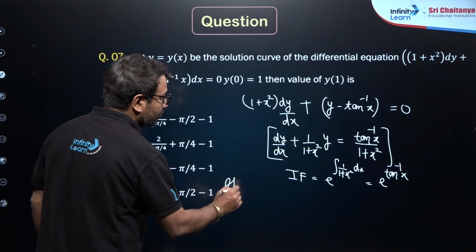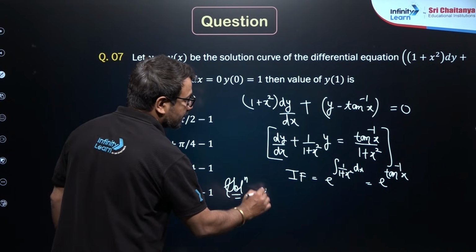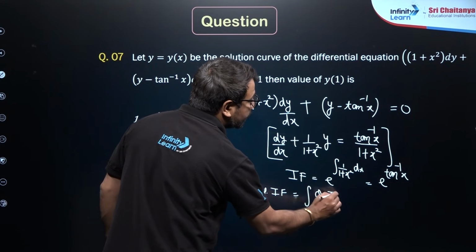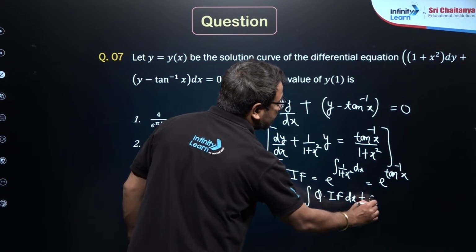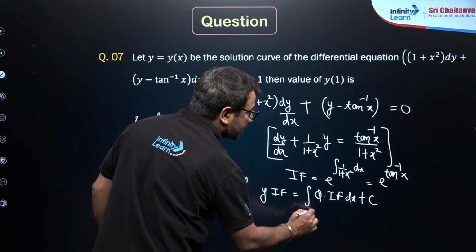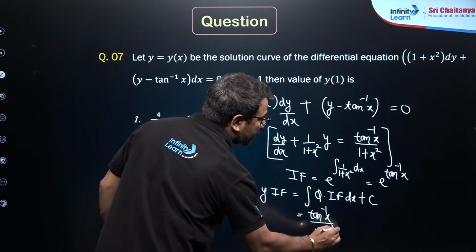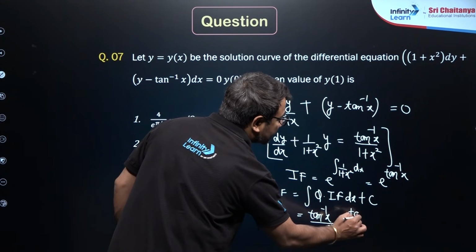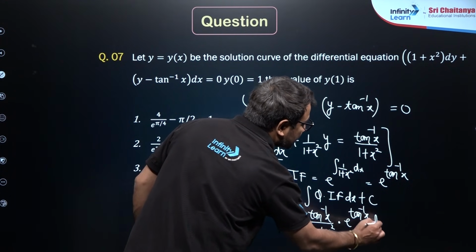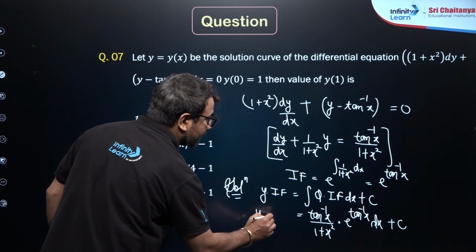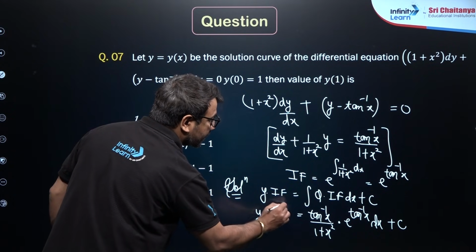So next is solution of differential equation is y into integrating factor is equal to integration of q into integrating factor and then plus c. So q function, they have given tan inverse x whole divided by 1 plus x square, into integrating factor e raised to the power tan inverse x, and then followed by plus c. Here in the left hand side it is y into integrating factor.